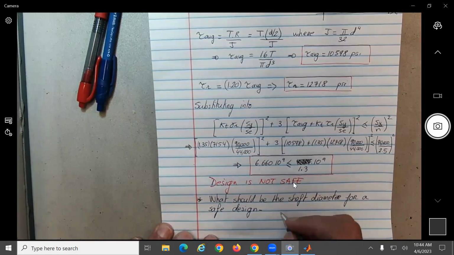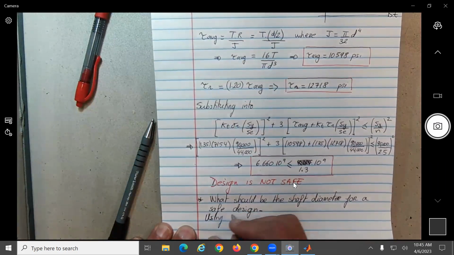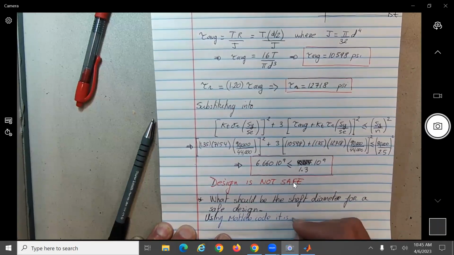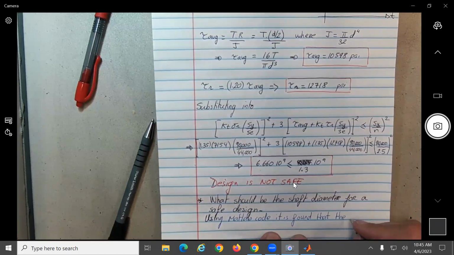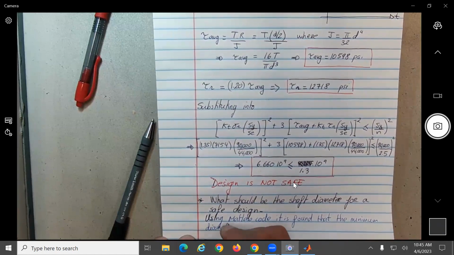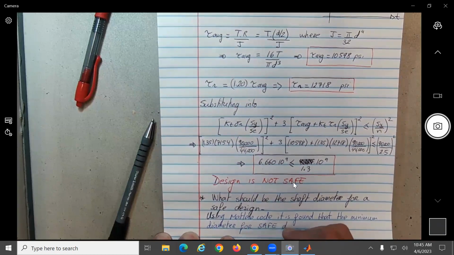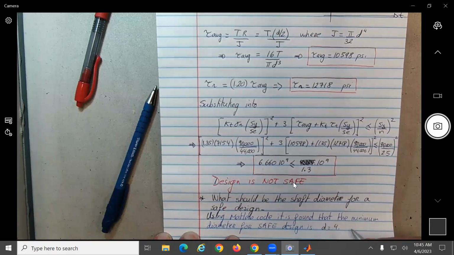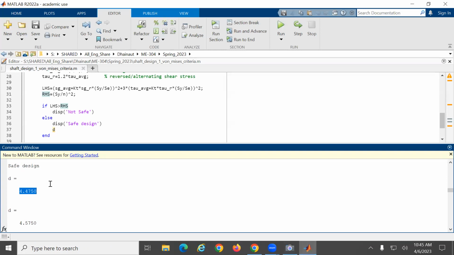So let's over here, using MATLAB code, it is found that the minimum diameter for safe design is D equal to what, to 4.470 was. I think that's what it was, 4.475.